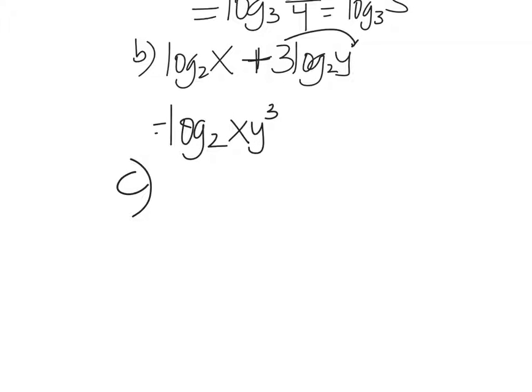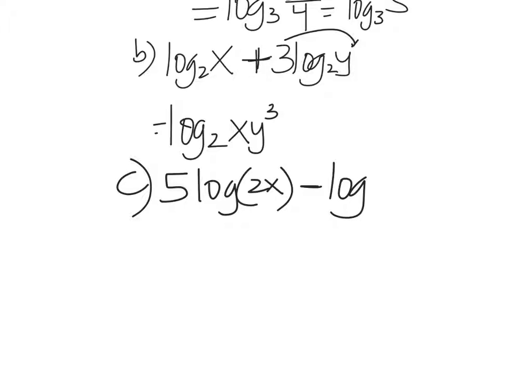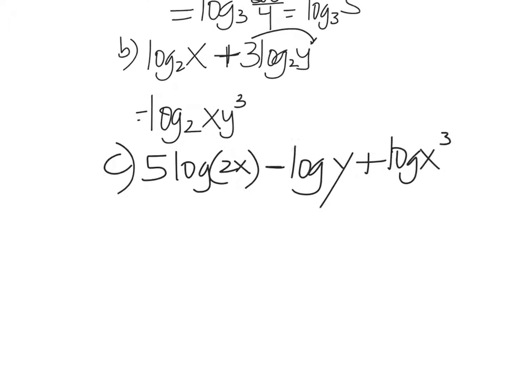Last one of these. 5 log of 2x minus log y plus log x cubed. We're going to write as one single log. I like to get people on this one a little bit.